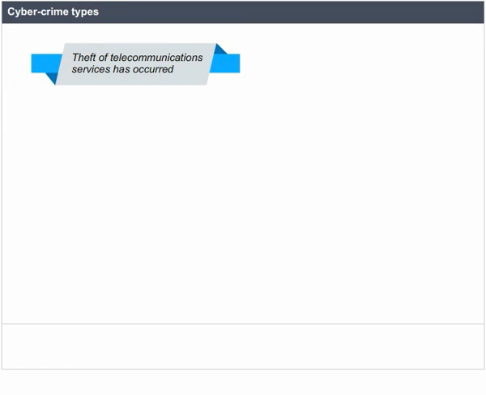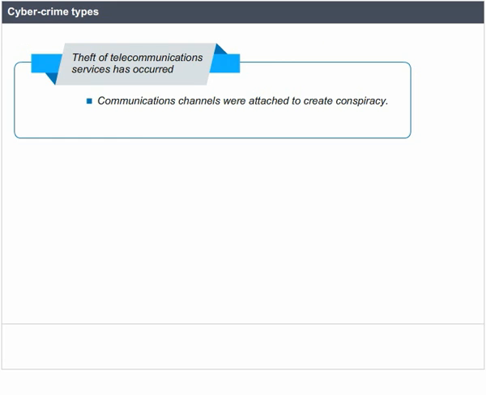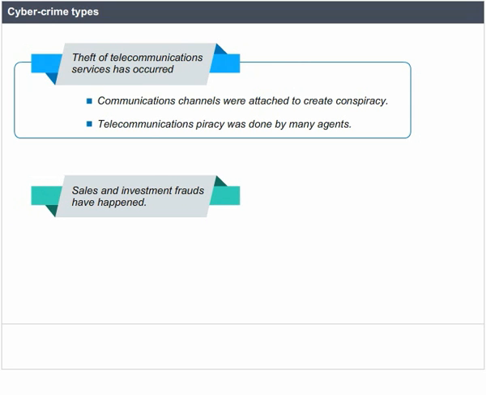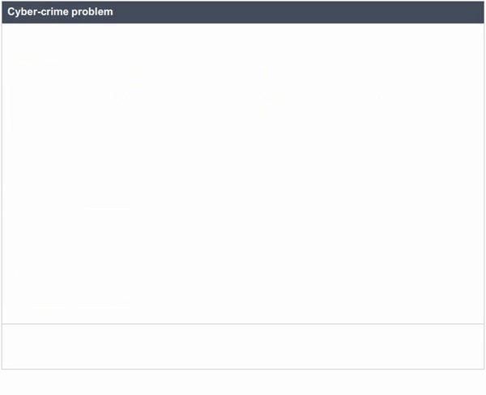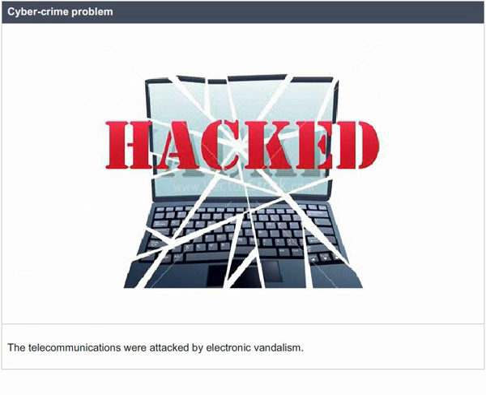Theft of telecommunications services has occurred. Communications channels were attacked to create conspiracy. Telecommunications piracy was done by many agents. Sales and investment frauds have happened. Electronic fund transfer frauds have happened. The cybercrime problem: telecommunications were attacked by electronic vandalism.